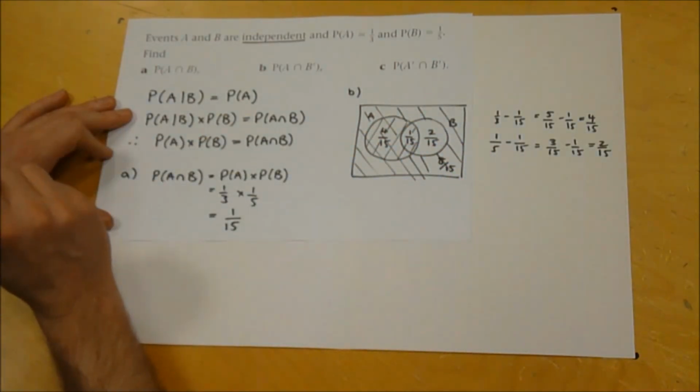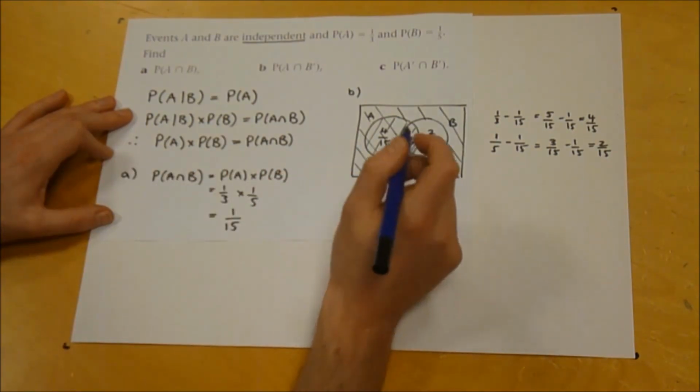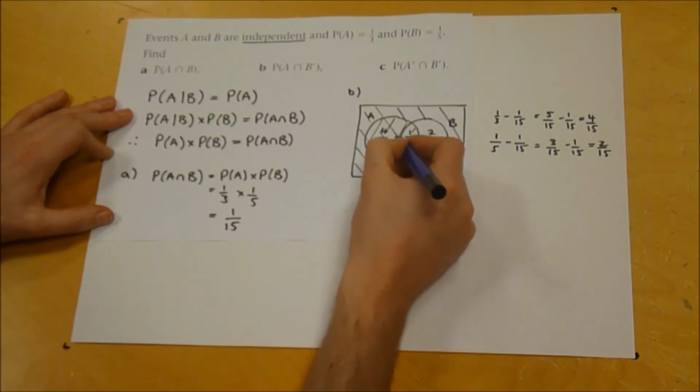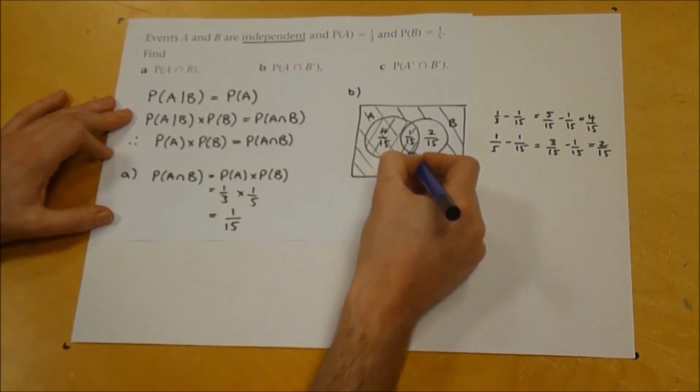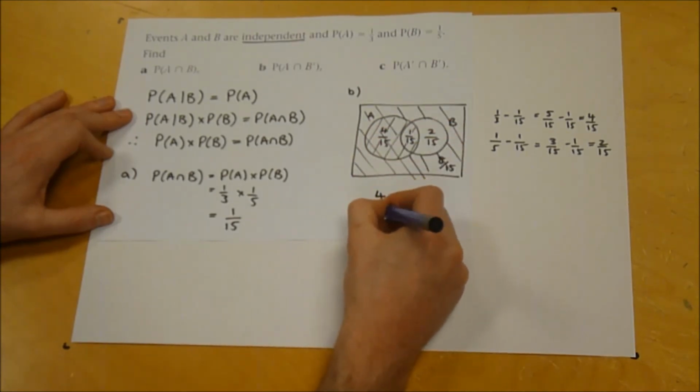And if we look at which bit we want, where the two shadings overlap, then we can see that we just want this bit here. So this is the intersection of A and not B. So the answer must be 4/15.